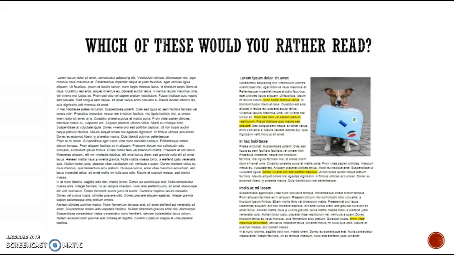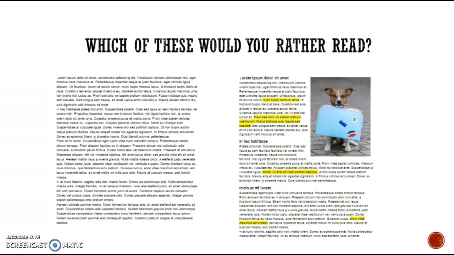Because the one on the left just looks intimidating to look at because it's a huge chunk of text. There are no pauses in between, and one has to spend a significant amount of time to read through the whole text in order to get the main idea.